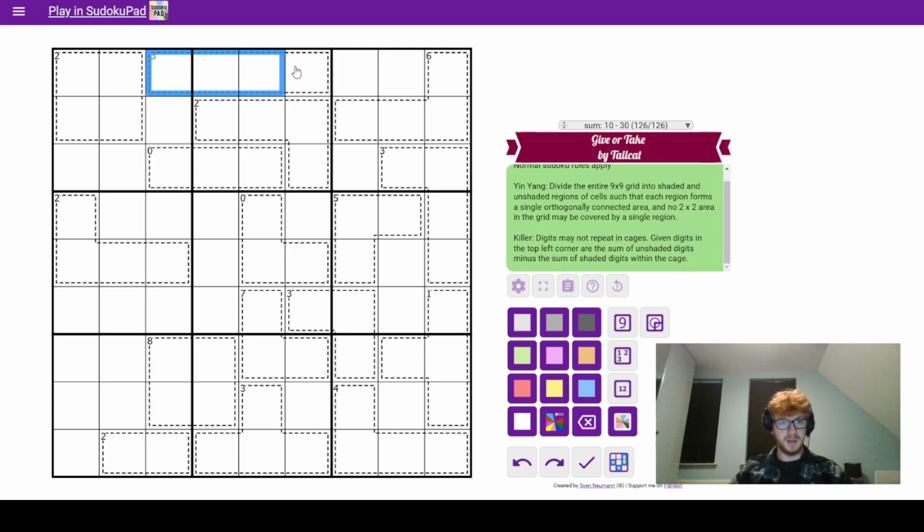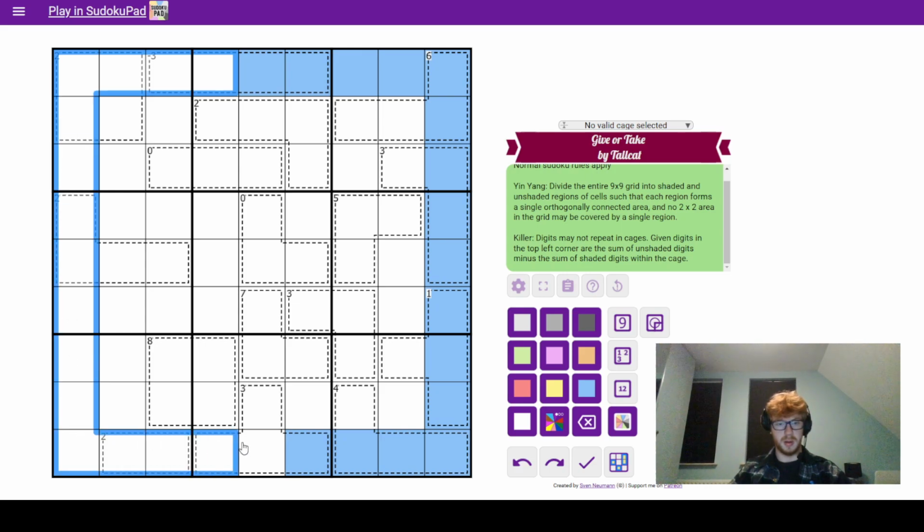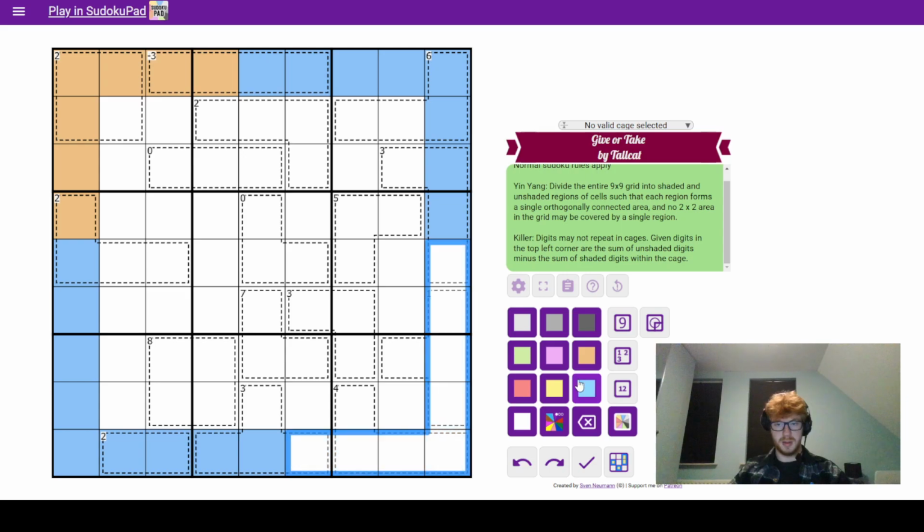What I'm seeing now, looking at the puzzle, is a very general rule in Yin Yang: you can't have more than one border division. So let's say this could go into the puzzle. What couldn't, though, is like this.